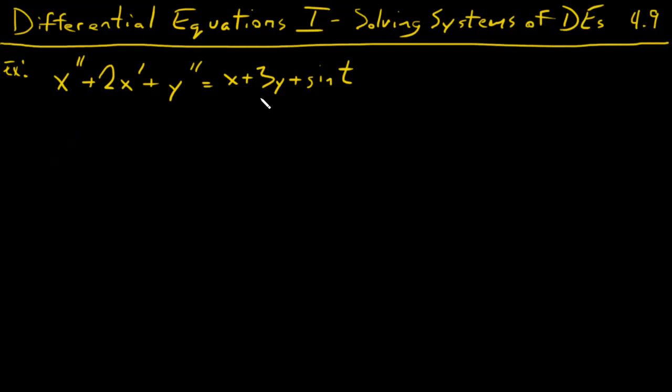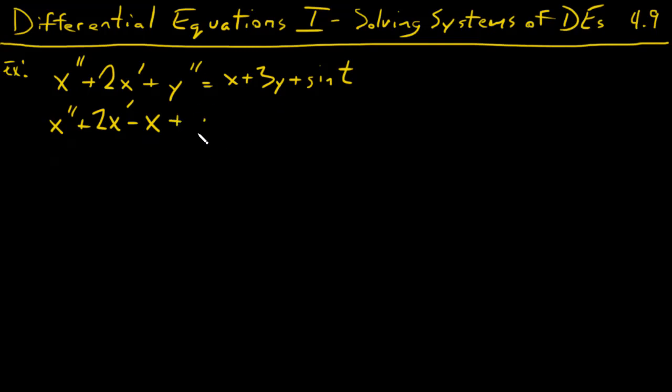All right, so what I'm going to do now is put this in standard form. All the x's and y's need to be over on the left, and all the functions of t on the right. So I'm going to wind up with x double prime plus 2x prime minus x, getting all of my x terms grouped together, and we'll do the same with the y.